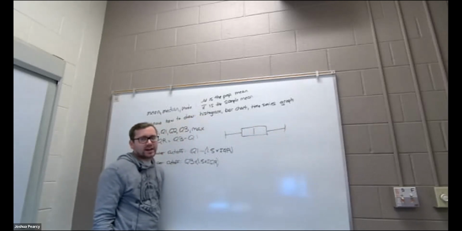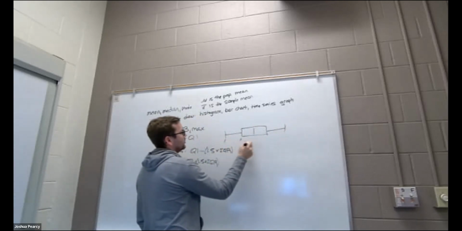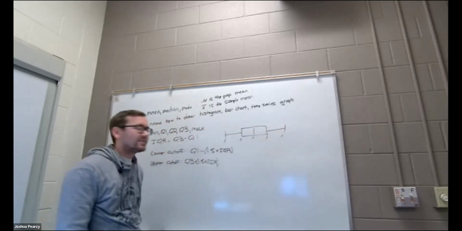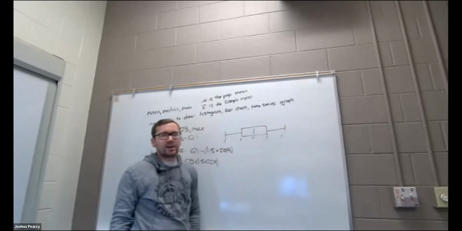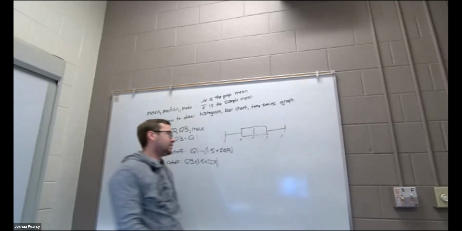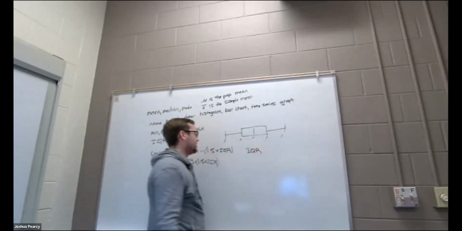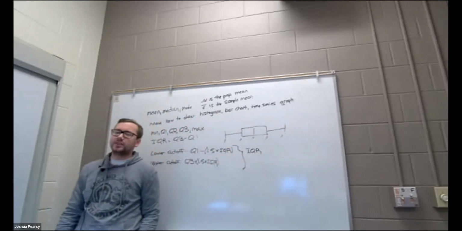This is the minimum here, this is Q1, this is Q2, this is Q3, this is the max. Either these would be labeled or it's very obvious what it is. So then you could find the IQR, and you could find these two. So know how to do that.